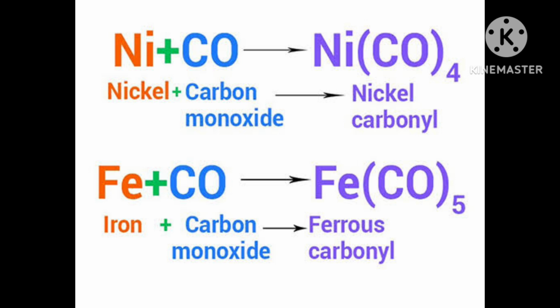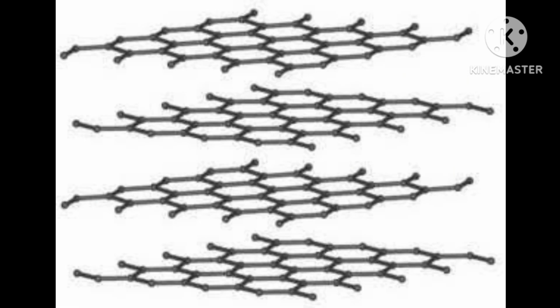The starting materials for the manufacture of silicones are alkyl or aryl substituted silicon chlorides.